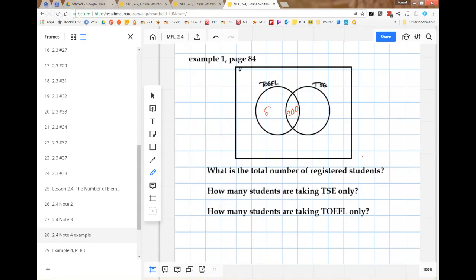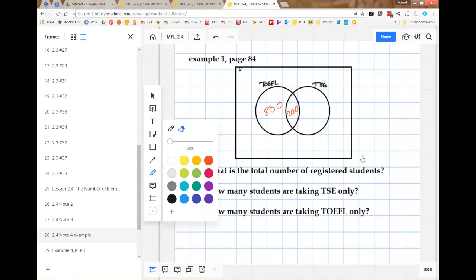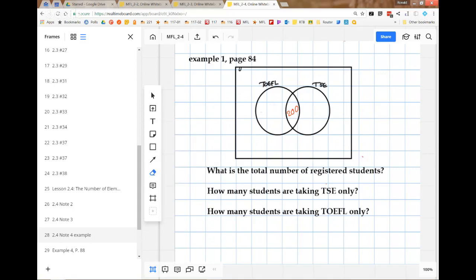Does this work? No, because now how many do I have in TOEFL? Oh, okay. I see it now. So that's why it's really important that we begin with the intersecting part.